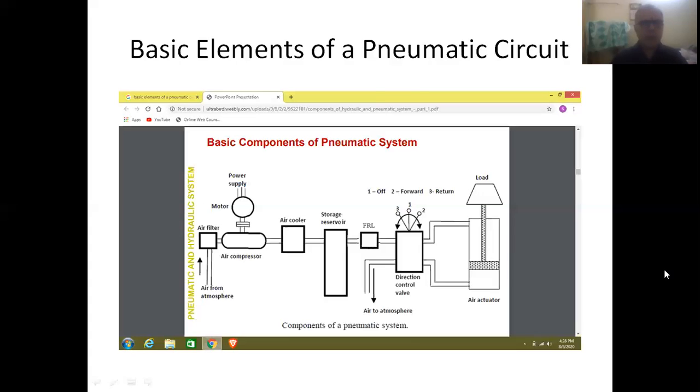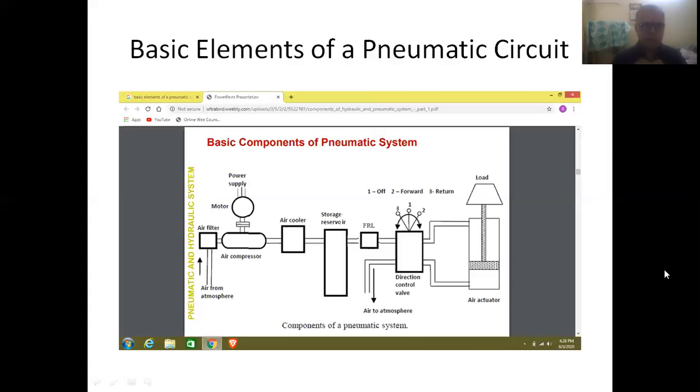Now, secondly, here we can see a filter that is arranged before the air compressor. The compressor will be drawing air from the atmosphere, and of course it will be raising the pressure energy of air for operating the piston that is arranged inside the cylinder.